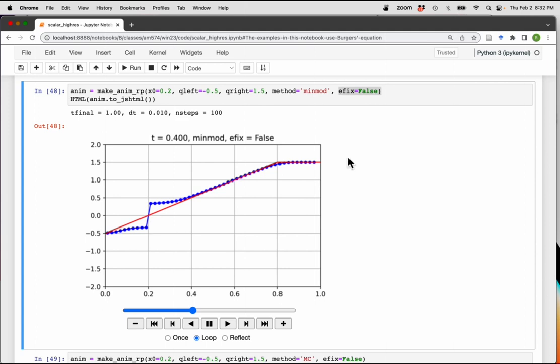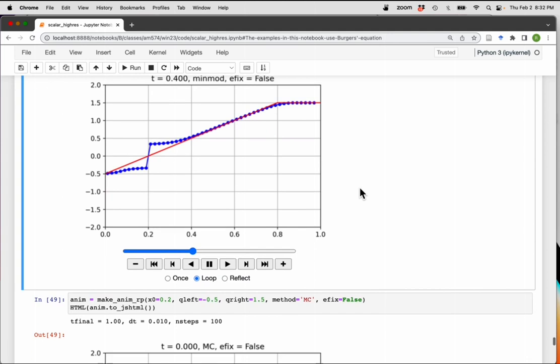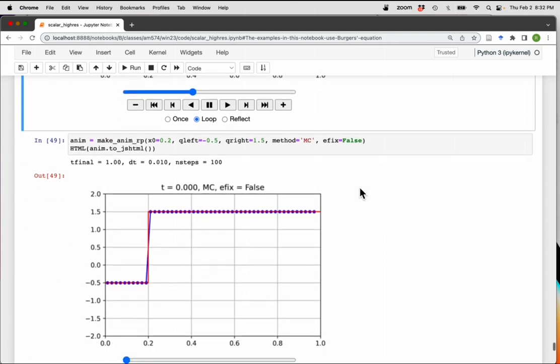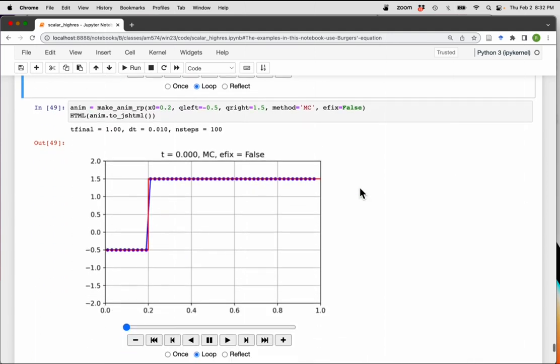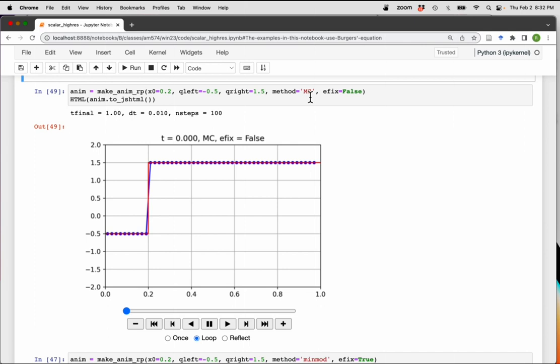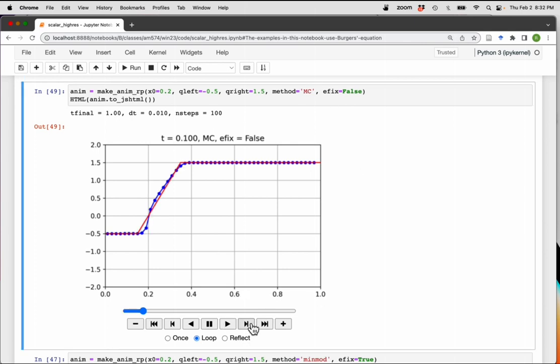But it turns out for these limiter methods, it depends a bit on what limiter you use. So there's a figure in the book where instead of min-mod, I showed what happens with the monotonized centered limiter, again without the entropy fix. And in that case, it looks a little better. Well, quite a bit better actually, because there's no discontinuity that persists here, although it's still not matching the transonic rarefaction as well as we might like.